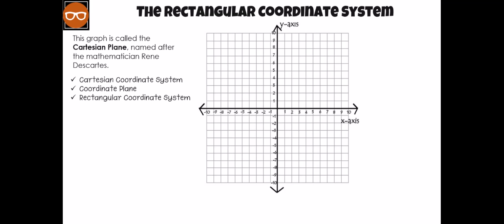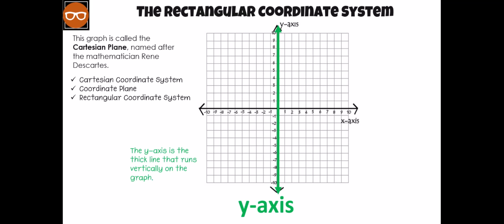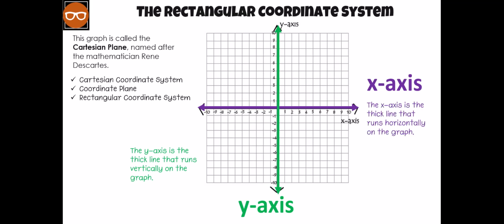In this system, we have a dark vertical line. That's called the y-axis. The y-axis is the thick line that runs vertically on the graph. And then, of course, you can see we have this one, the x-axis. The x-axis is the thick line that runs horizontally on the graph.